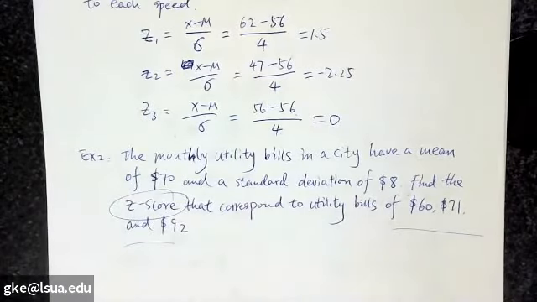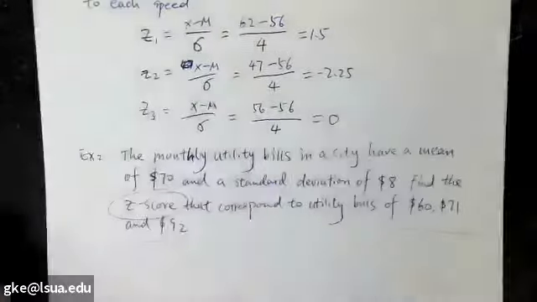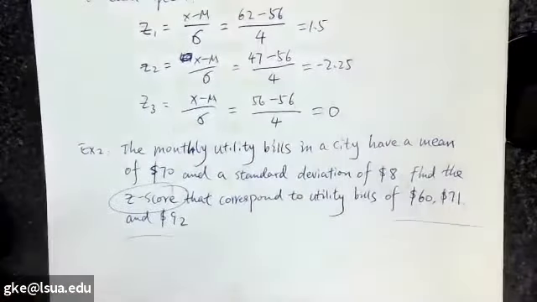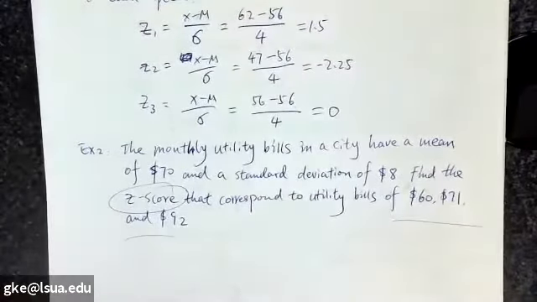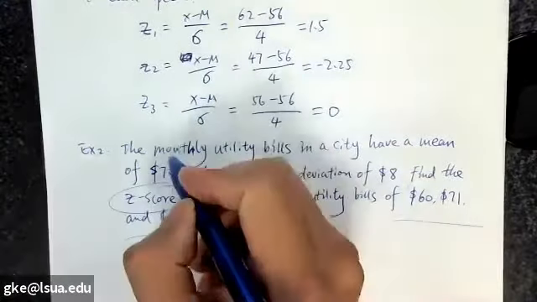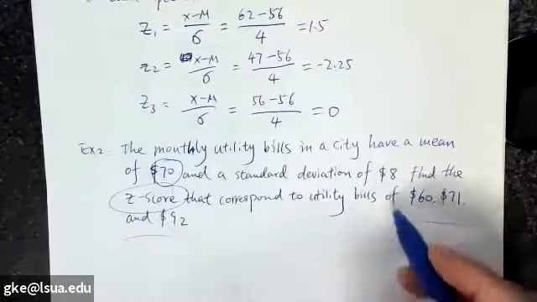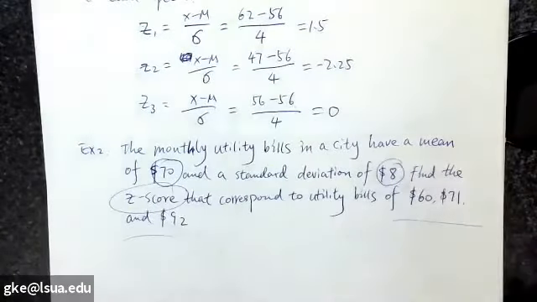Okay, let's do it together. I think it's not too tough. So the first thing you should notice is that we have a mean value of $70, right? So that's the mu, and that's the sigma.